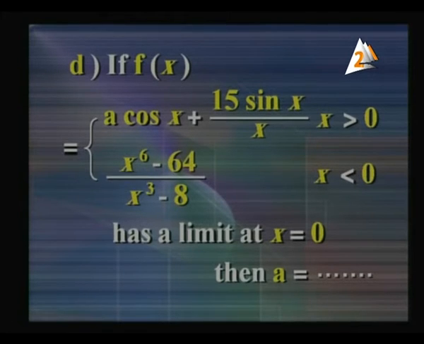What do we mean when the function has a limit at x equals 0? Dear student, we find the limit of the first branch and the second branch. The answer is f of 0 positive equals f of 0 negative, and we find the value of a equals 1.